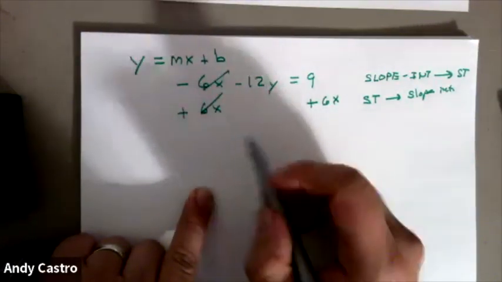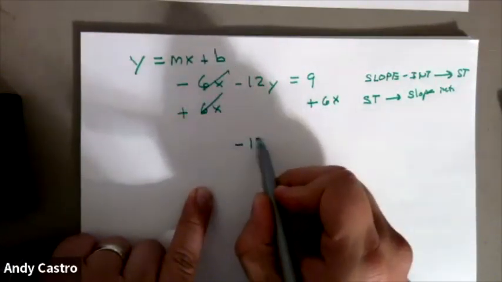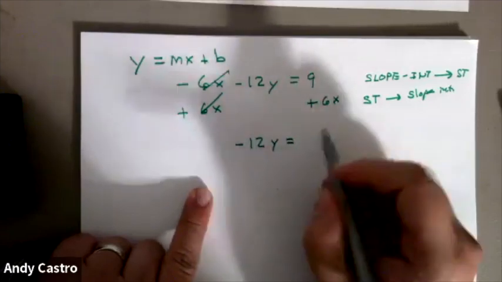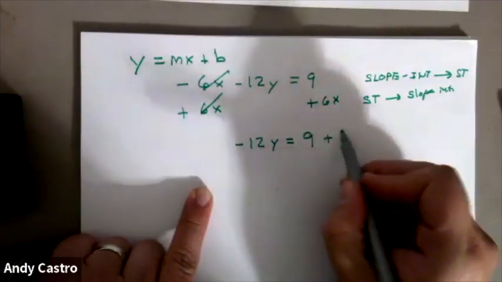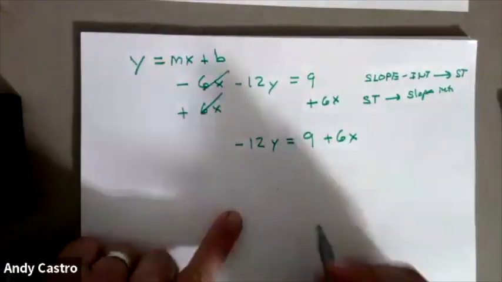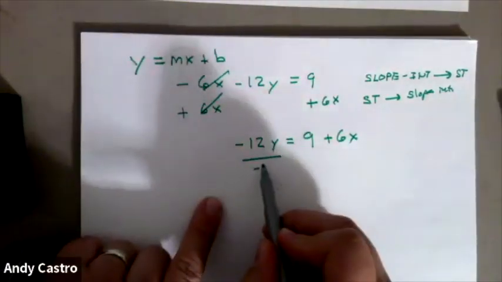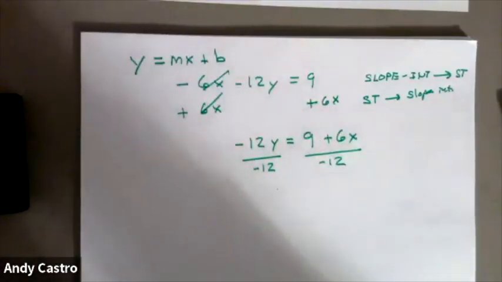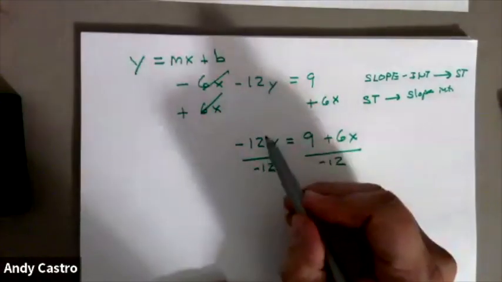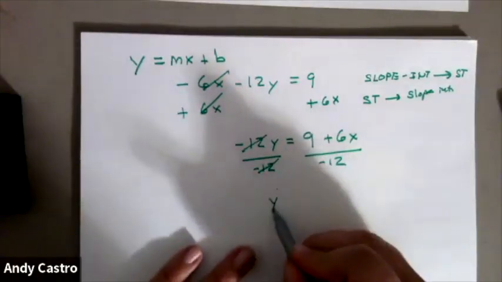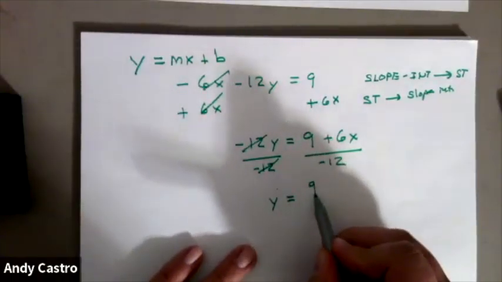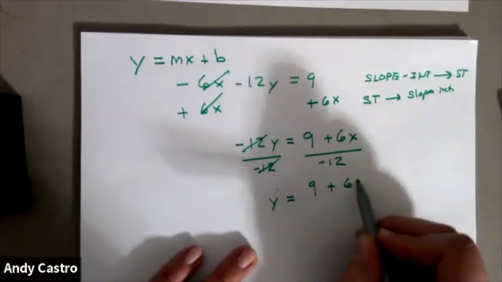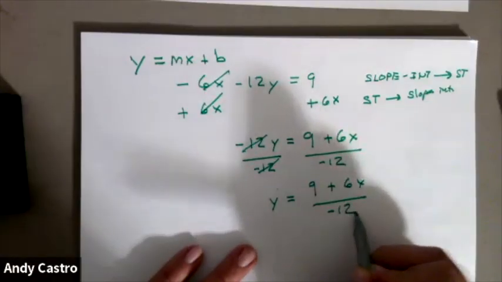Minus 6x plus 6x. I'm left with 12y is equal to 9 plus 6x. And then I'm going to divide both sides by negative 12. Negative 12 over negative 12 is y. Y is equal to 9 plus 6x over negative 12.